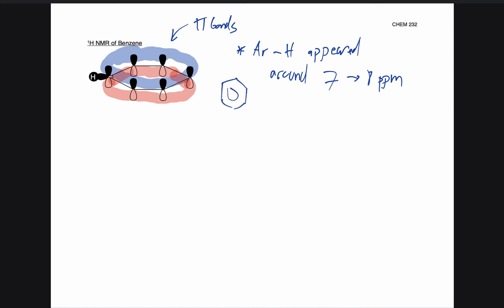And what's happening in an aromatic system in an NMR, nuclear magnetic resonance, is that a magnetic field is being introduced to the system. So we're getting into a little bit of physics here. Not super important, but I think it's interesting. The magnetic field represented by B naught is introducing a magnetic field.